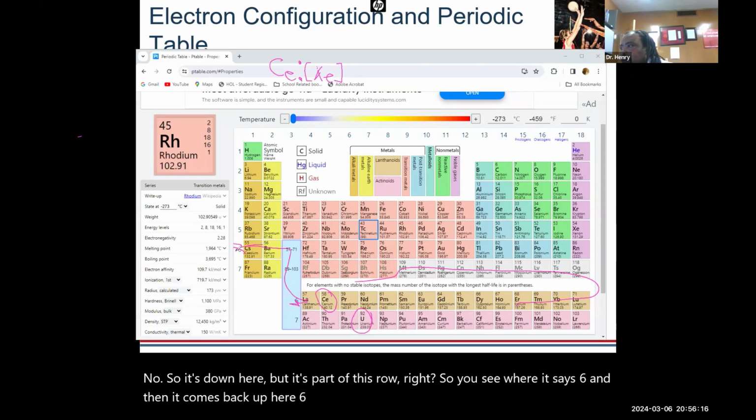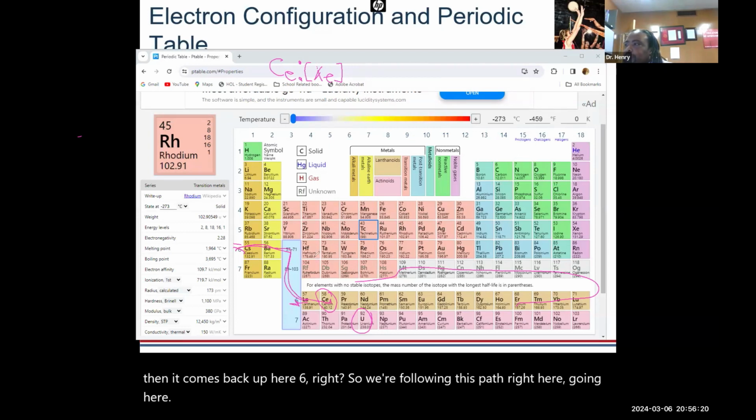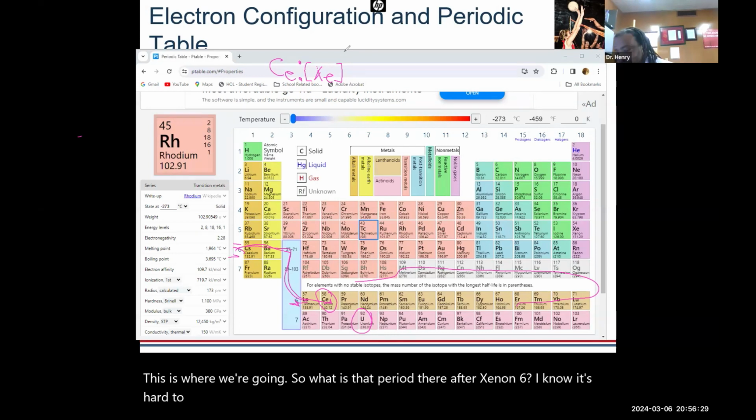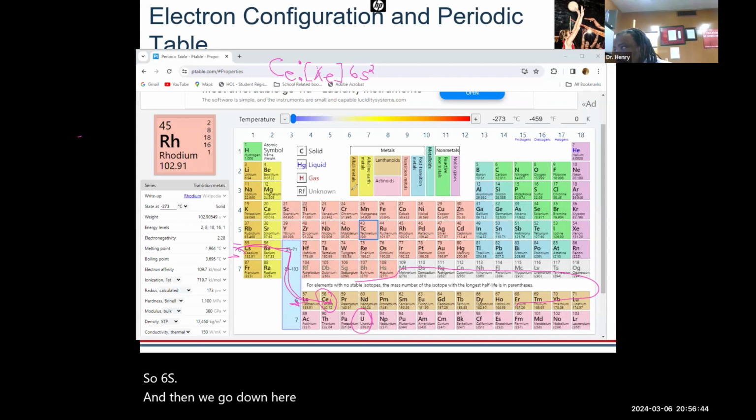So we're following this path right here. What is that period there, after xenon? 6. I know it's hard to see because I've written all over it. So 6s2, and then we go down here. What is this subshell called down here?